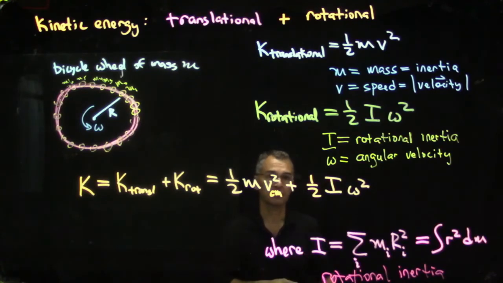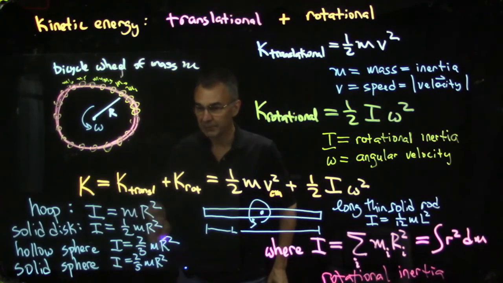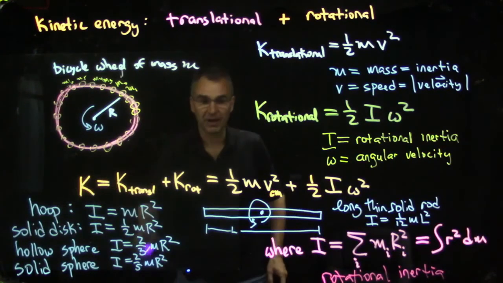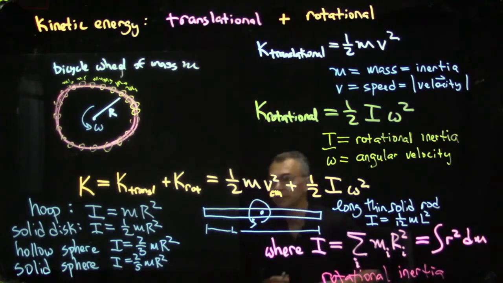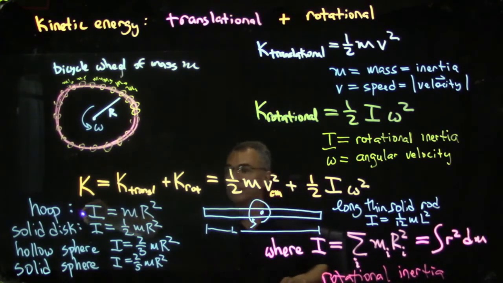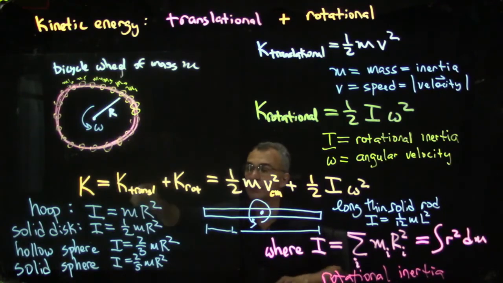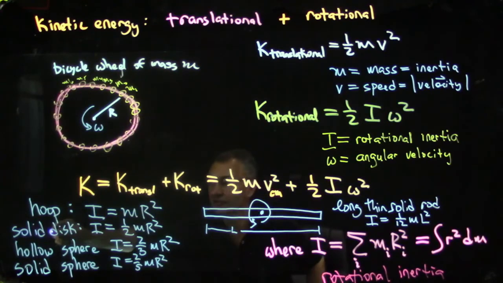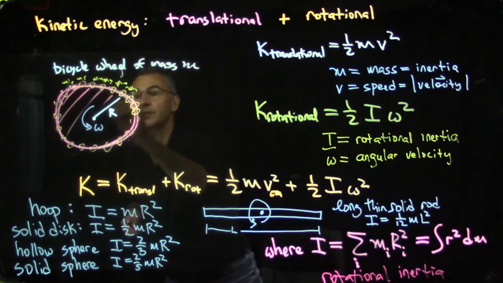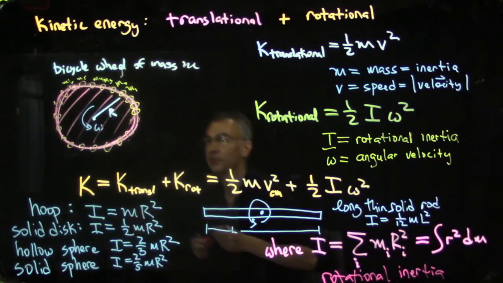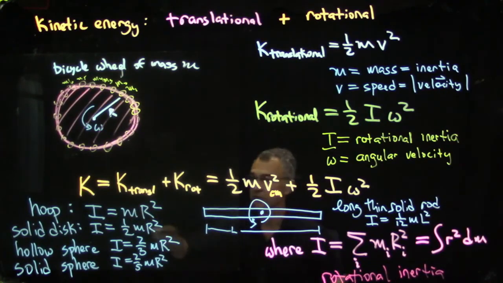So we will see tabulated in tables values of the rotational inertia for various shapes. For example, a hoop like this bicycle wheel with all of its mass concentrated at radius r has rotational inertia mr squared. A solid disk, so if you took this and instead filled it in so that the mass is spread uniformly throughout the circle, then the rotational inertia would turn out to be 1/2 mr squared.